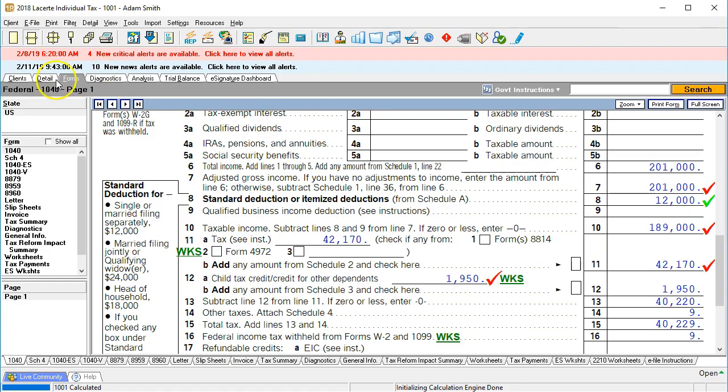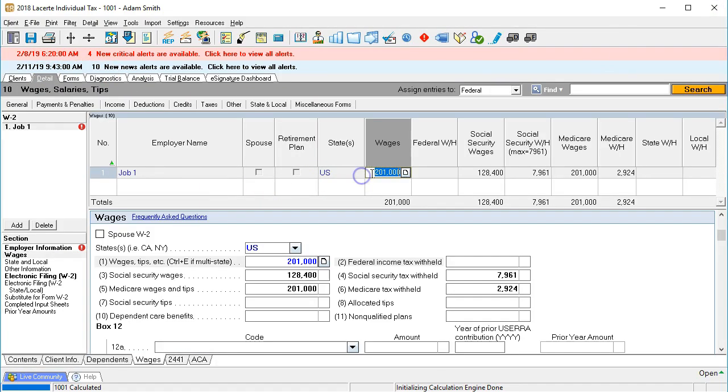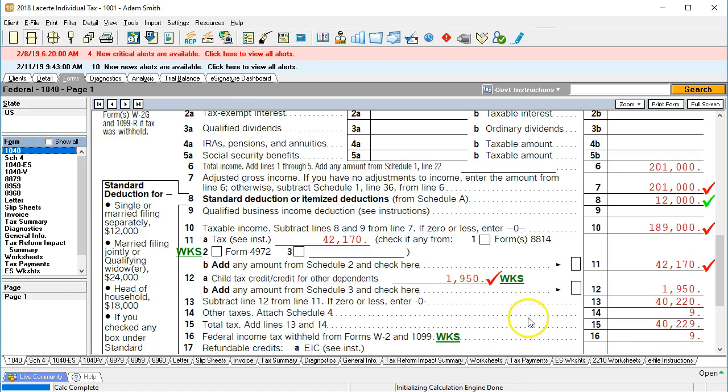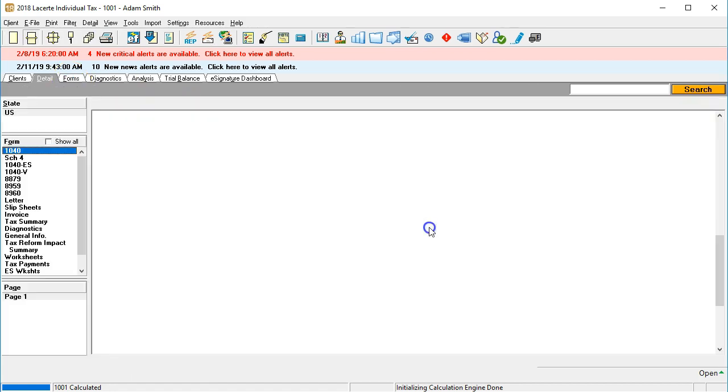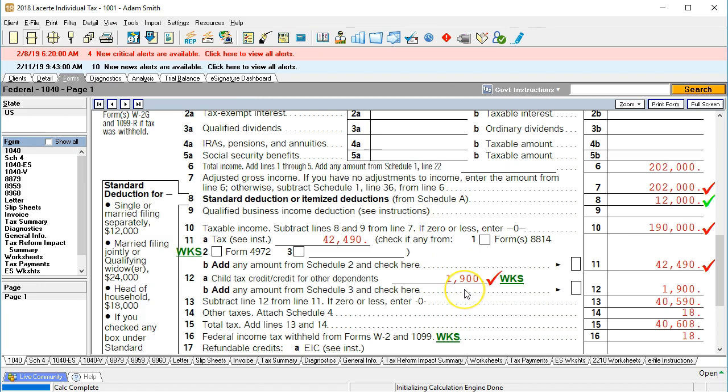If we were to continue to increase the amount, let's just say now it's 201, 202. If we go back over, you can see the child tax credit 1950 is going to go down to 1900. If we take it up to 210,000, and if we go back over, we're going to say, all right, what happens there? 1,900 is going to go down to 1,500.